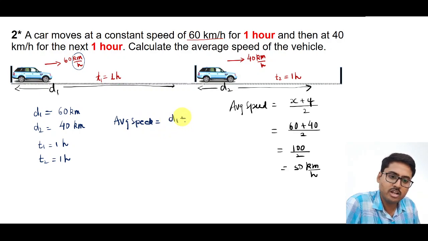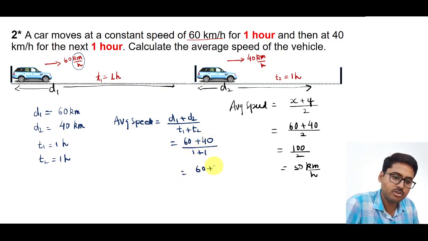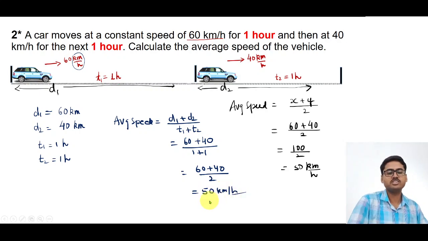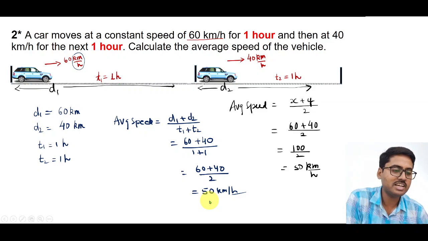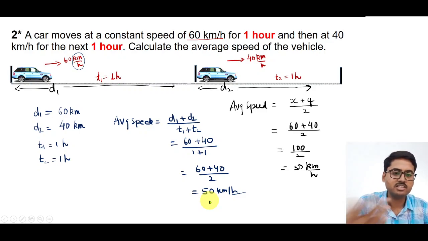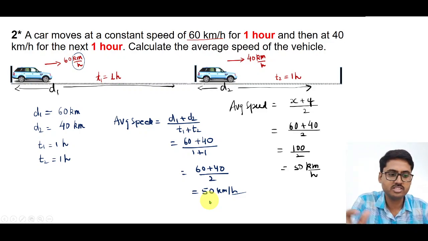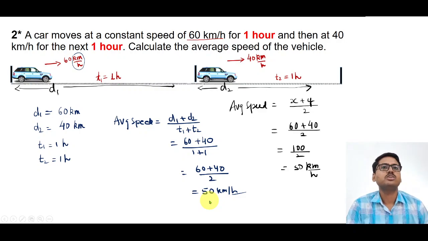So I'll write here d1 plus d2 by t1 plus t2, and in this case you can see how the formula is coming, like this is 60 plus 40 divided by 1 plus 1, so you get the same answer, 60 plus 40 by 2, and that is equal to 50 kilometer per hour. Got it? So this is so interesting, when time interval is same, the answer can be done in such a quick step. Now let's get to question number 3.